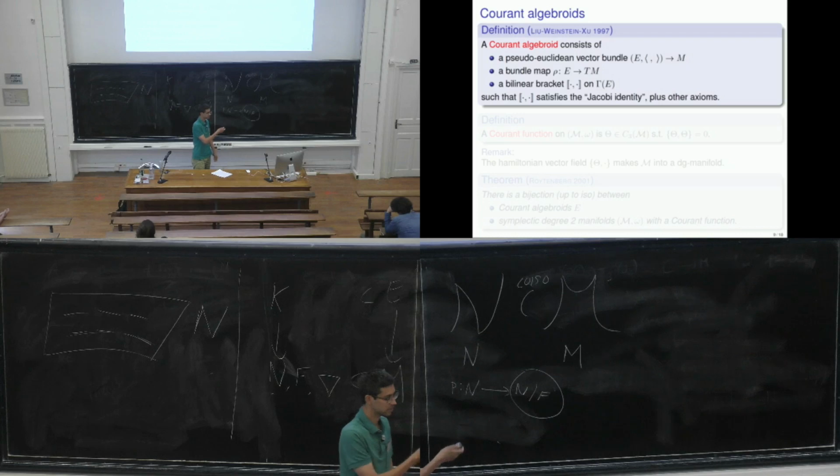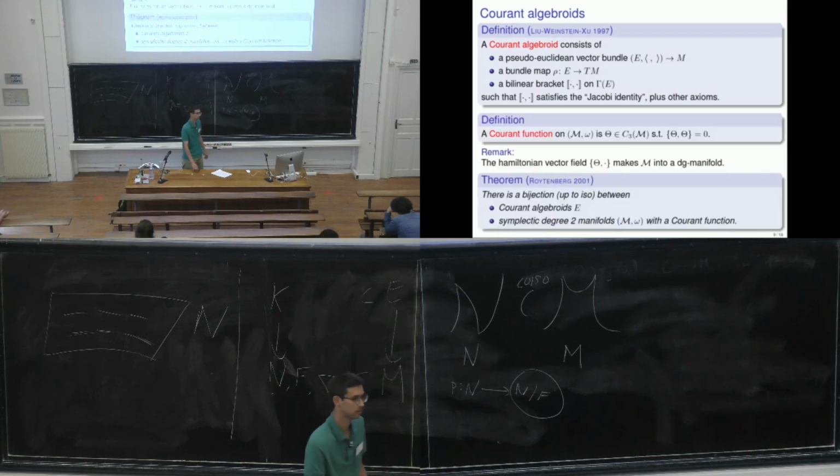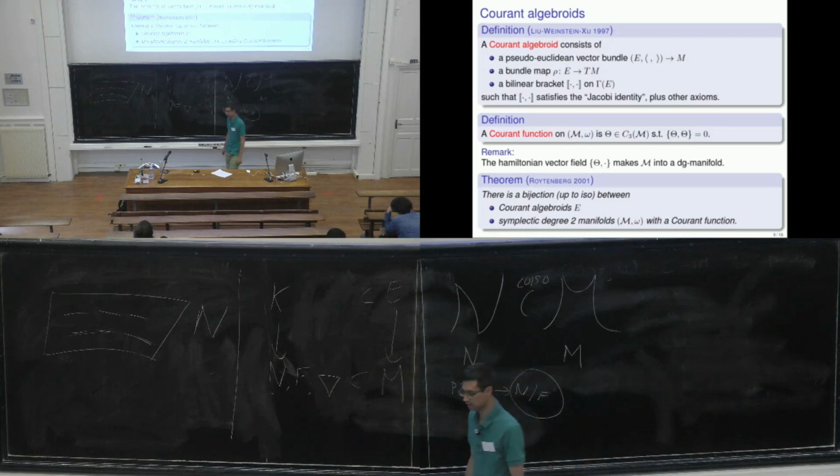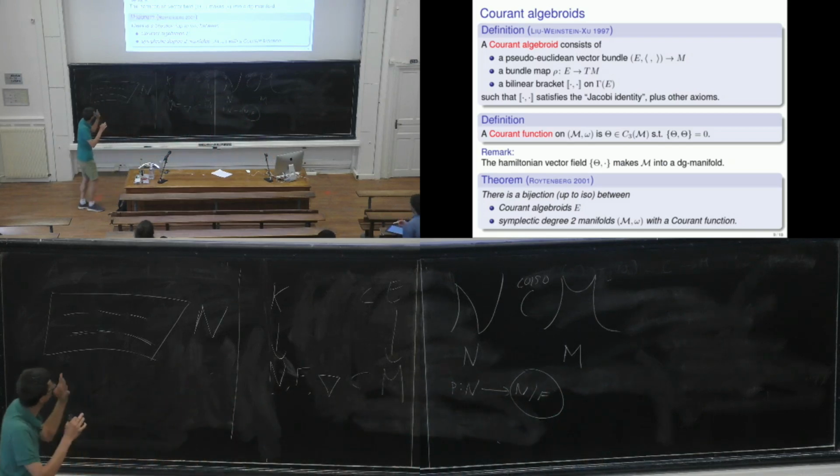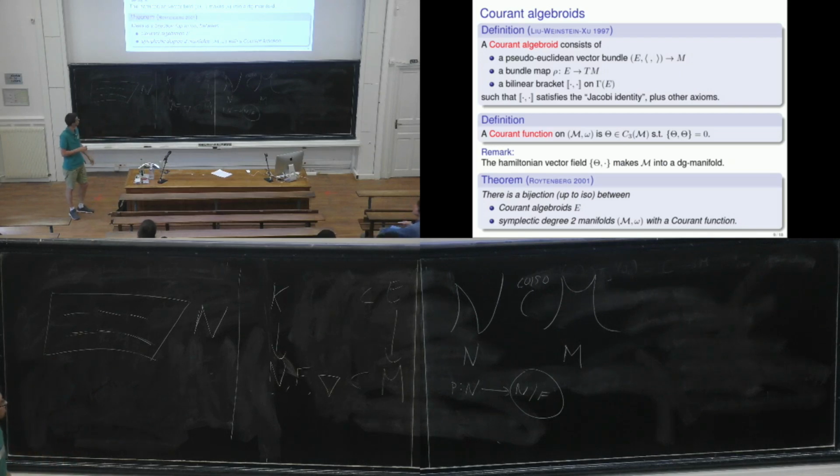On the graded side, I want not just a symplectic degree 2 manifold, but what we call here a Courant function, this theta in the middle. That's a degree 3 function which Poisson commutes with itself, a non-trivial condition.